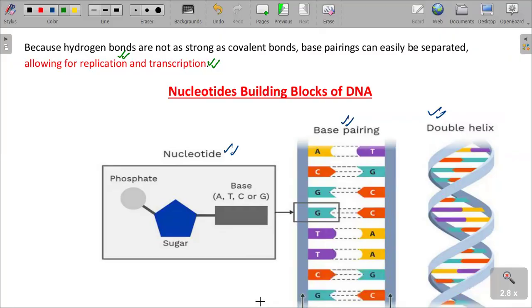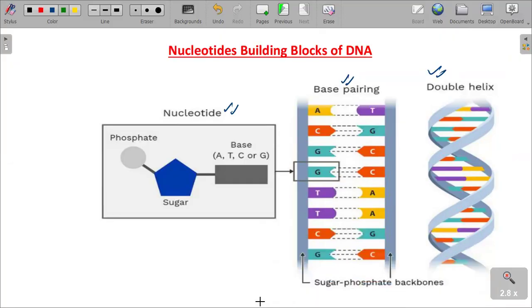So concluding my presentation on nucleotides as the building blocks of DNA, as I have just explained to you. At certain times in our question papers, we find a structure which is made up of three molecules, one, two, and then three.